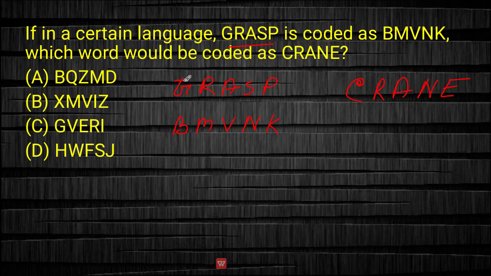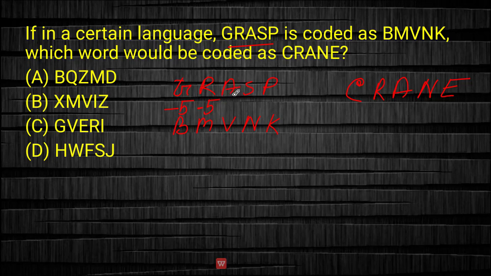So what is the relation between these? G is 7, B is 2, so -5. R 18, M 13, so -5. A 1, V 22, but we have to calculate in a negative way, or we have to count inversely.